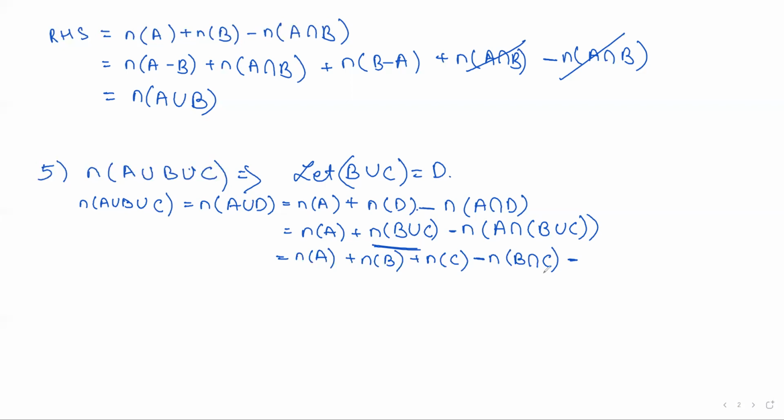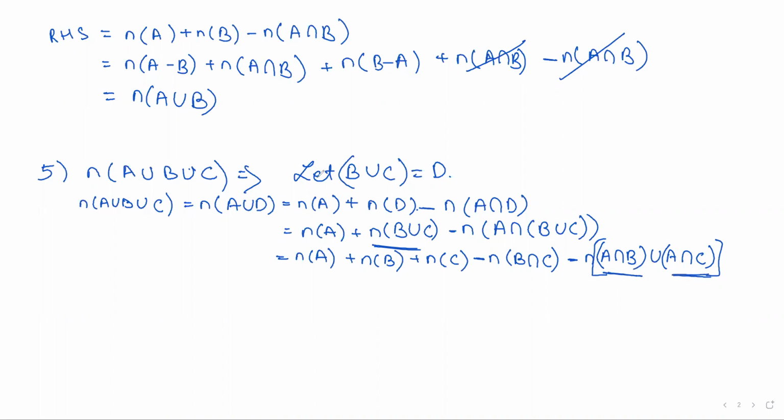You can apply the distributive formula over here. What does the distributive formula say? This is n of A intersection B union C, which is A intersection B union A intersection C. This is your first term united with second term.